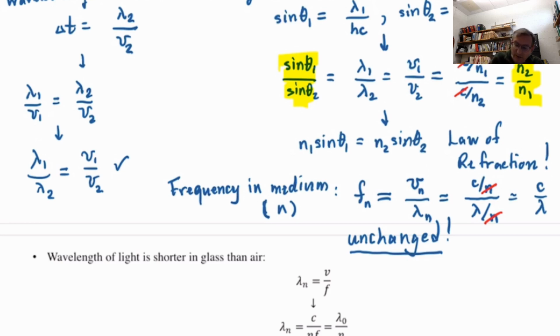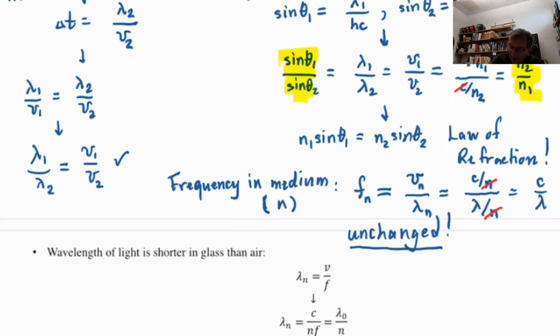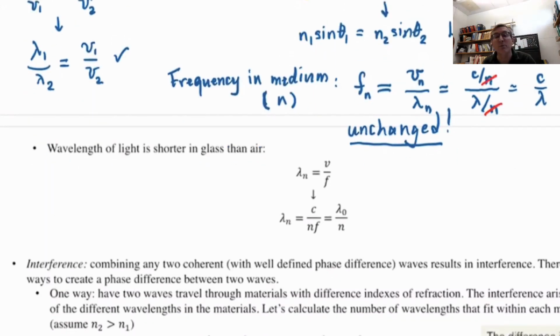Now let me show you that formula for the wavelength, just to be consistent with what I just said, okay? So the wavelength of the light is shorter in glass than it is in air. And the formula for the wavelength in the material of index of refraction n is the speed over the frequency. But for the speed v, you put in c over n. But c over f is the wavelength you would have in vacuum.